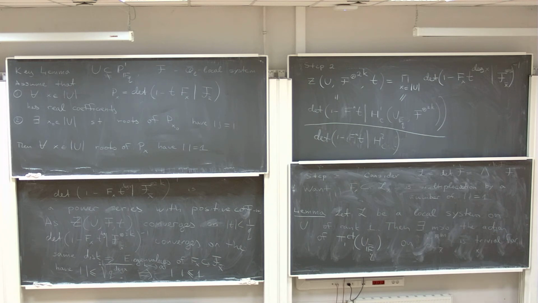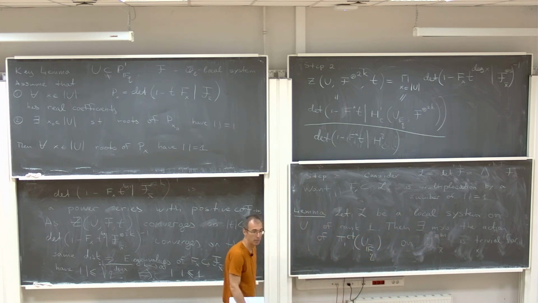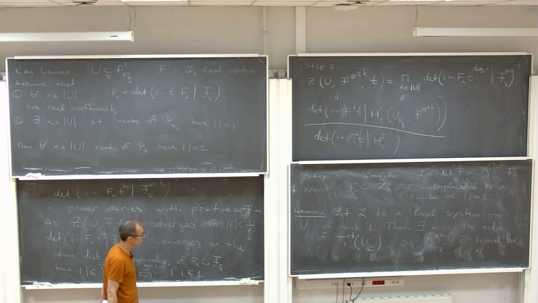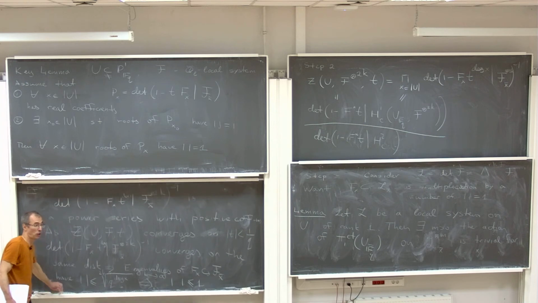So that means that for all x, the eigenvalues of this Frobenius, well, on the stalks, are all m-th roots of unity. And this will definitely complete the proof. So let's try to do this by analyzing what are the local systems, one-dimensional local systems.